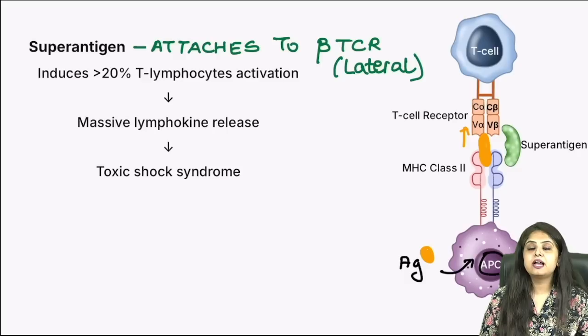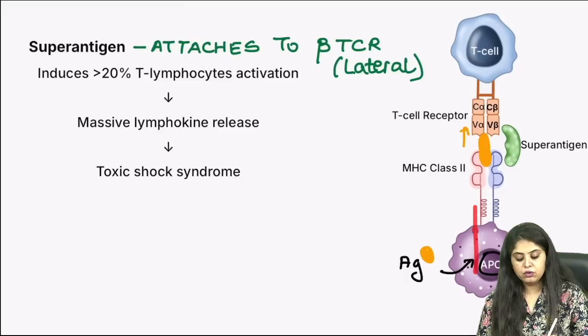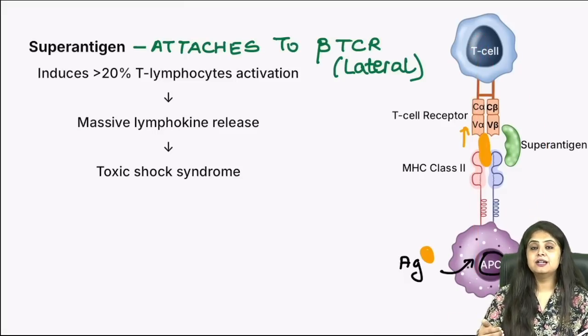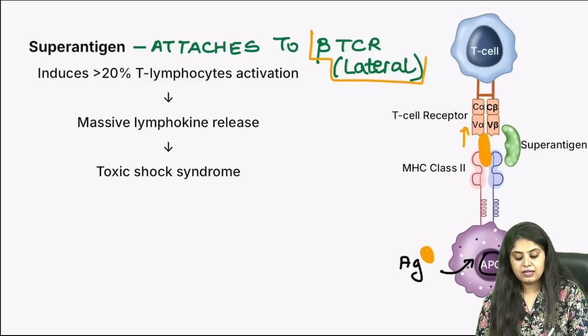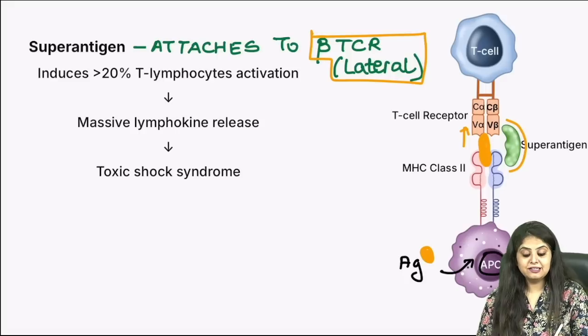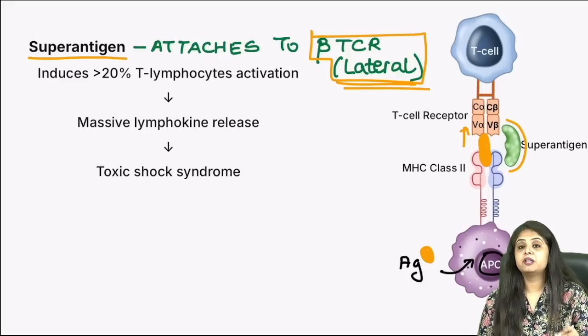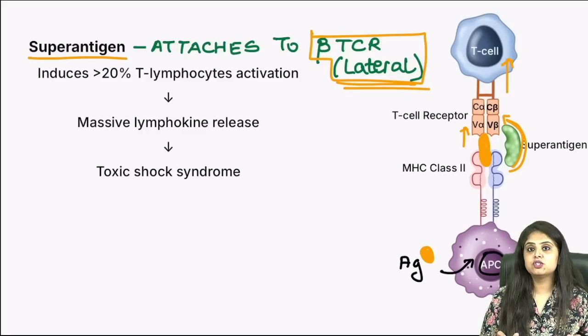That is how a regular antigen is processed and given to a T cell, but then super has to be something different. Super decided that I'm not going to go by the general public line. I am going to take the VIP entry from the side because I want things to happen faster. So it decides that I am going to attach laterally, and you can see over here how it has attached laterally. This lateral attachment is what makes super antigen the super, and when it does this VIP entry from the side, do you know how much of T cell activation will it cause?